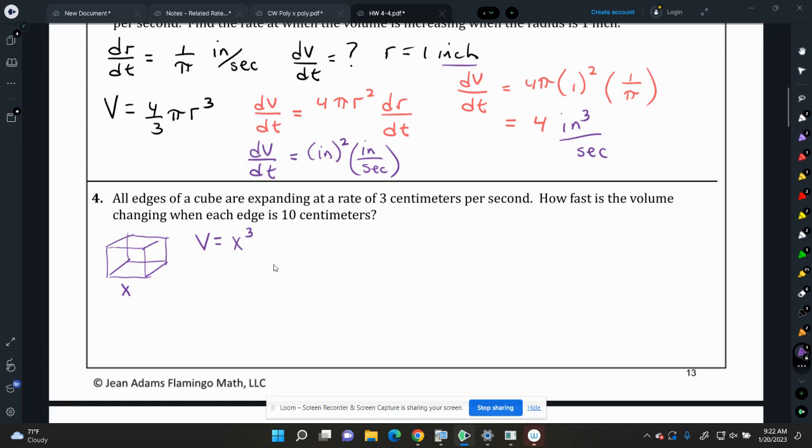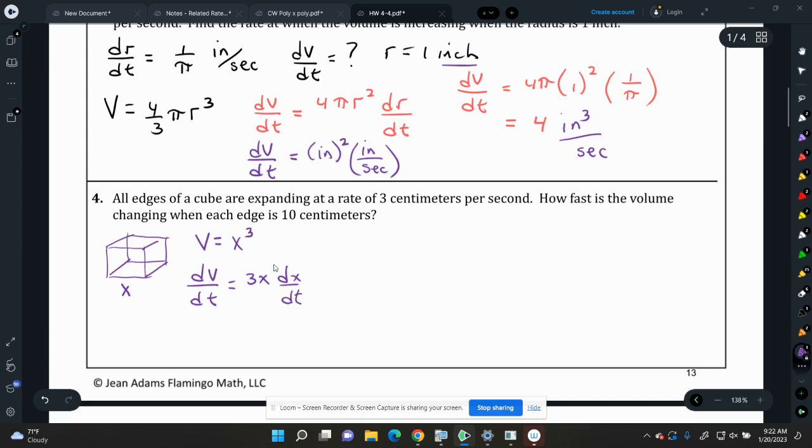So when I differentiate this, I get dV/dt equals 3x squared dx/dt. Sometimes I'll differentiate it first and then figure out what all my values are. Sometimes I'll write my given values first and then differentiate. It doesn't matter.